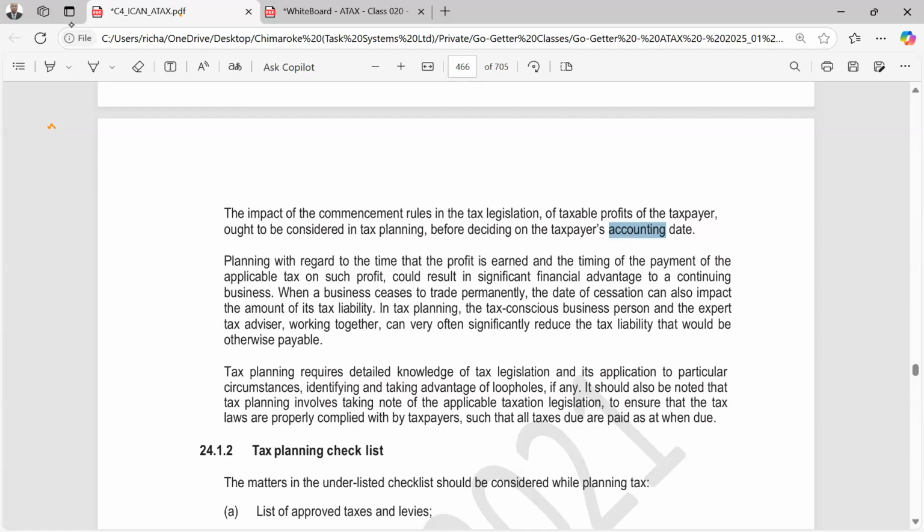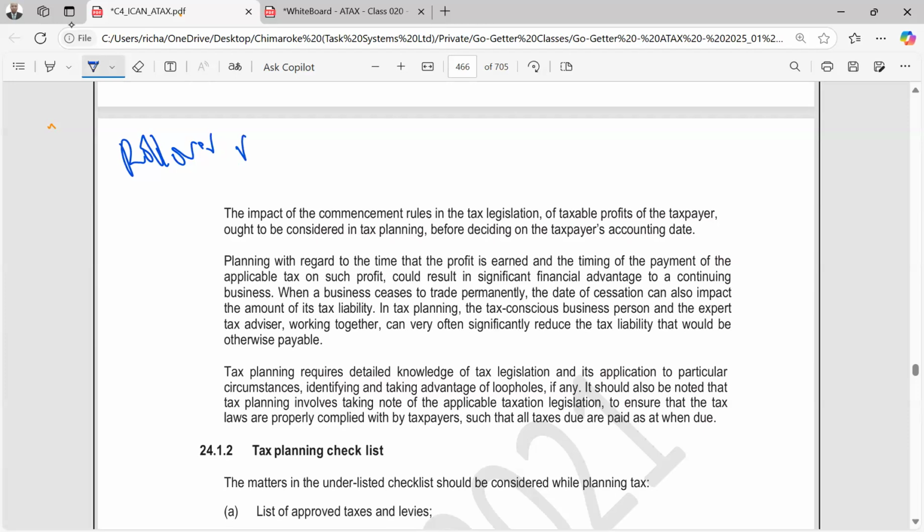So we said that anything that will reduce your tax, can you remember some of them? We have rollover relief when we are doing CGT. So when we have full rollover, that's a tax planning strategy.